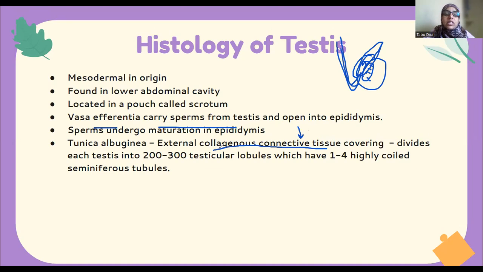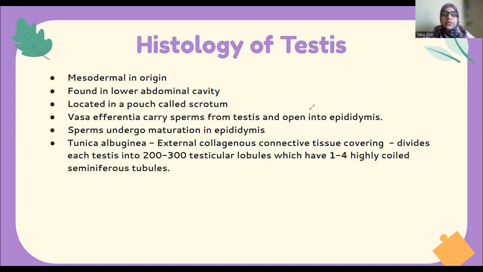Here it is mostly of the collagen type. And then this has multiples. This tunica albuginea has various lobules, approximately 200 to 300 lobules present in it, which will have 1 to 4 coiled seminiferous tubules.